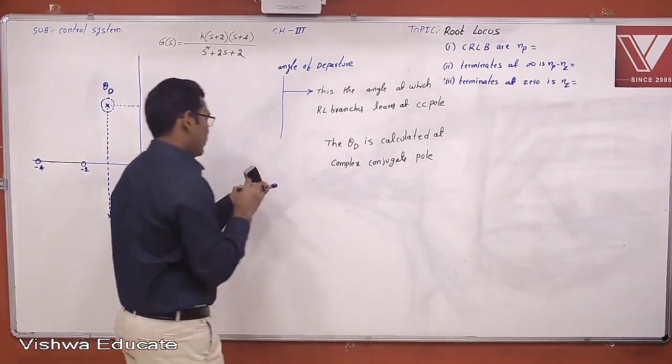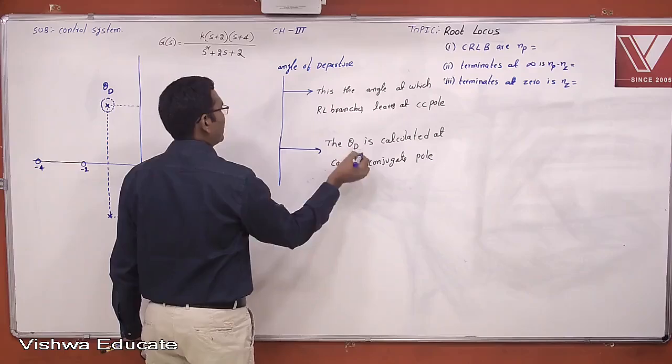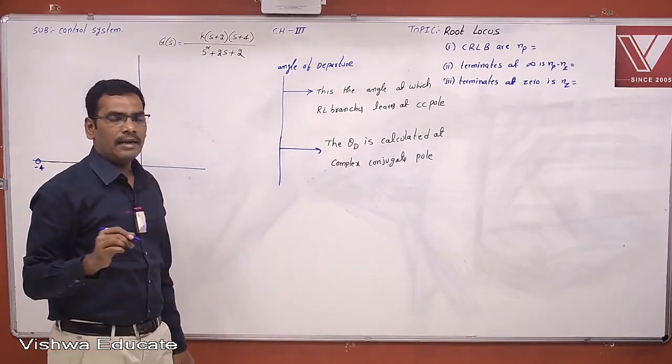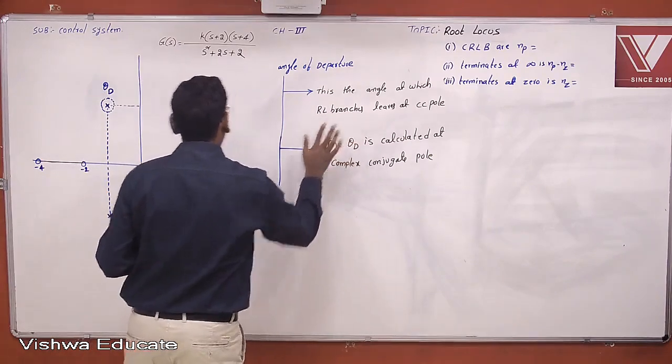Now these are the few important points. The departure angle is calculated at the complex conjugate pole, and that is the angle at which the root locus branches leave the real axis. These are the two important points.